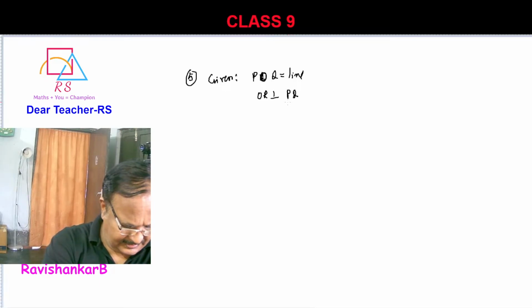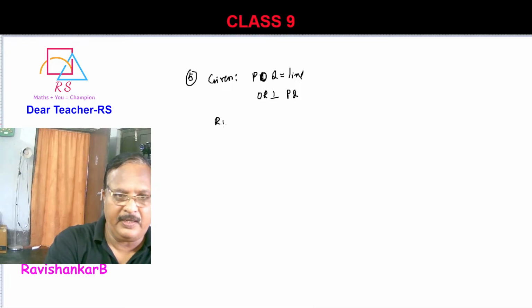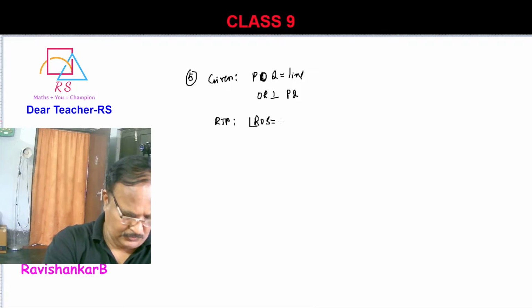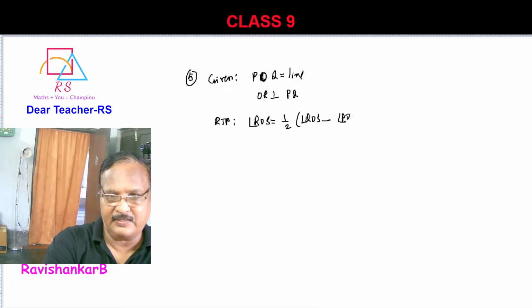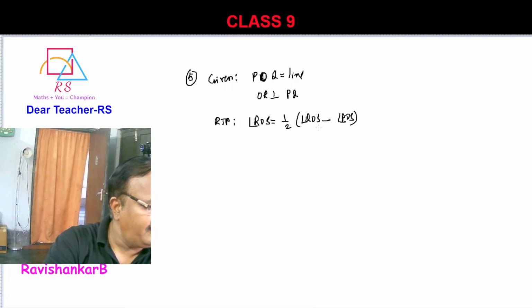Okay, OS is another line between OP and OR. Now RTP: angle ROS is equal to half into angle QOS minus angle POS.